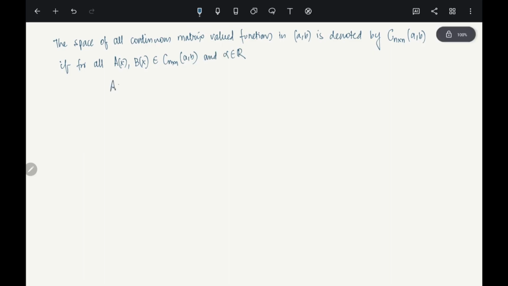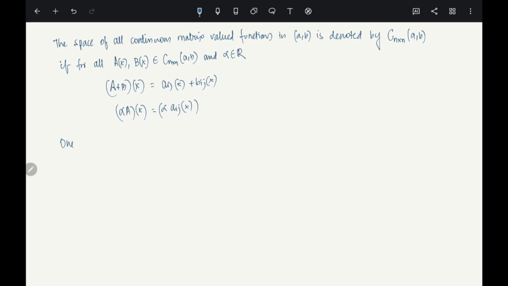You see, A plus B acting at x is a_ij(x) plus b_ij(x), clear? And alpha times A acting at x is nothing but alpha times a_ij(x), okay. So with those three properties, we define a new space here, the space of all continuous matrix valued functions. We denote it by C_{n×n}. And what are the operations? The operations are natural operations, but it just depends on x, okay, right.